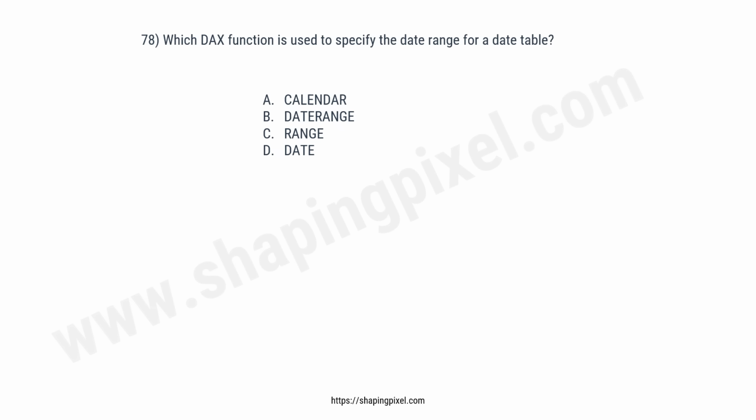Question number 78. Which DAX function is used to specify the date range for a date table? And we have four options: calendar, date range, date. So the right answer here is option A, calendar.